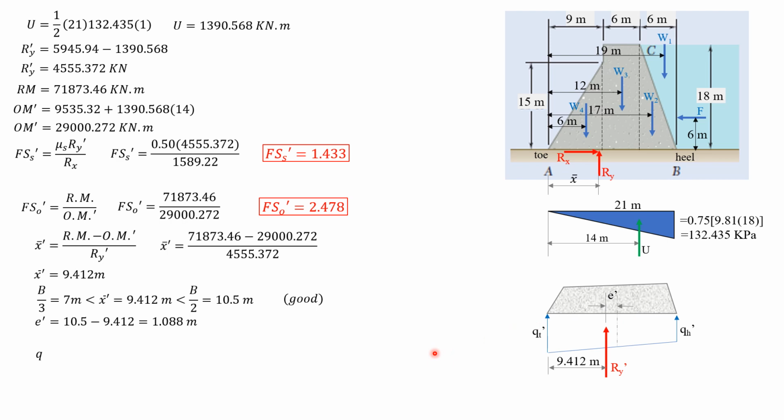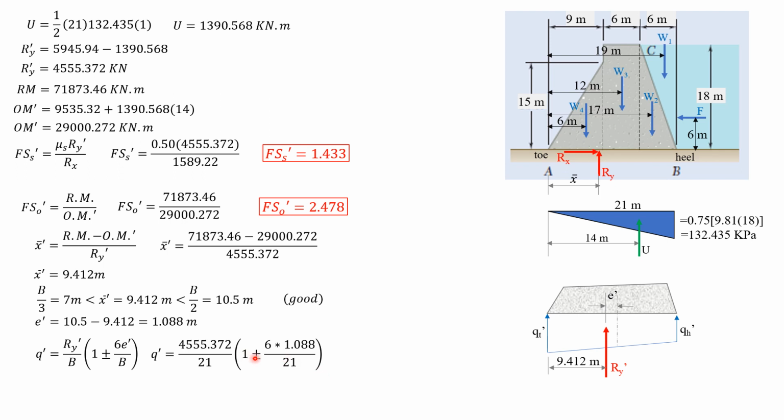So Q prime is Ry prime over B, 1 plus minus 6 E prime over B. So plus for the soil pressure at the toe, minus at the heel. So Q prime is equal to 4555.372 over 21, quantity 1 plus minus 6 times 1.088 over 21.